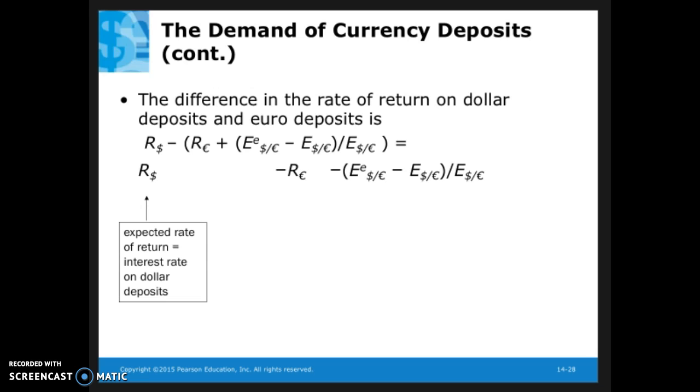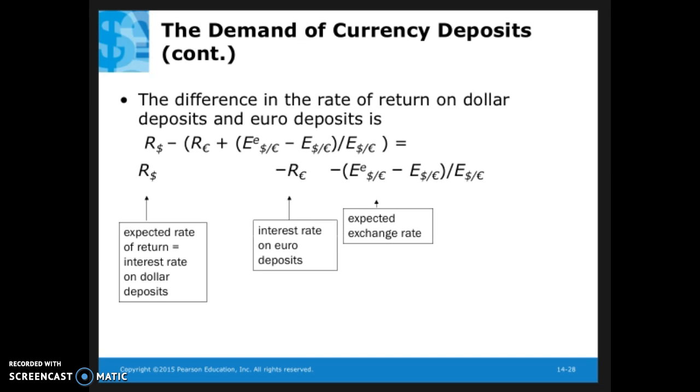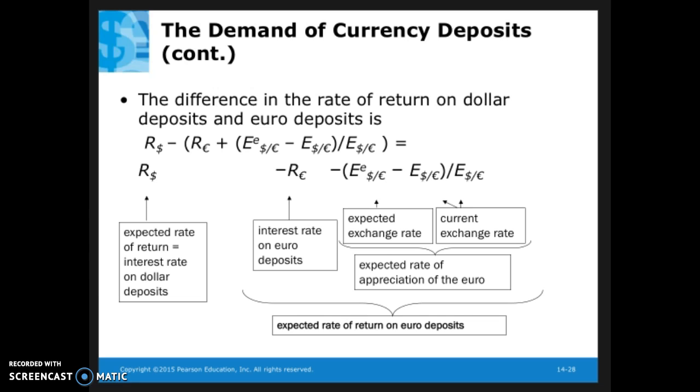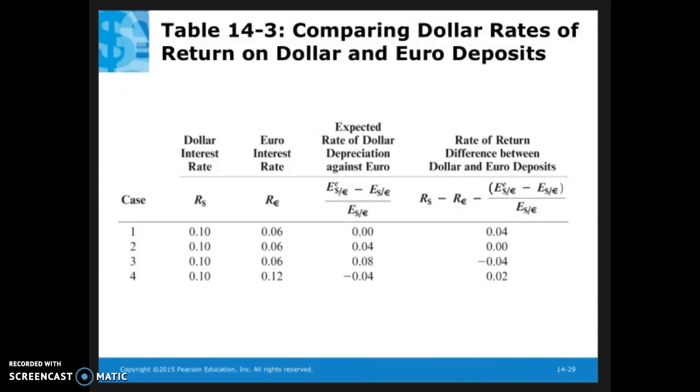The R's denote expected rates of return, and the E's are exchange rates. The superscript e is the expected exchange rate, while the capital E's are current exchange rates. This is all under the expected rate of return on euro deposits.